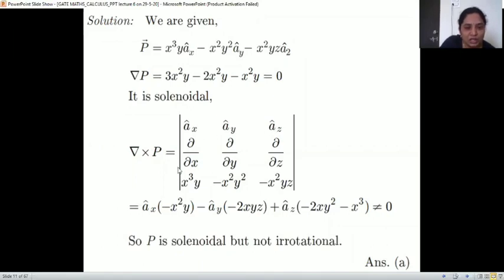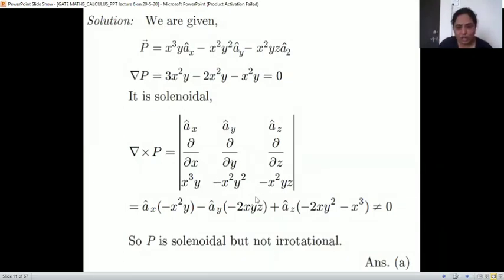So this is ijk, dou by dou x and its terms, and then ax cap, derivative with respect to y partially, minus x square z, sorry, here it is x square z, okay, minus dou by dou z of this, that is 0, so only minus x square z, minus ay cap into derivative with respect to x, that is minus 2xyz, minus with respect to z, this is 0, plus az cap, with respect to x derivative, that is minus 2xy square, and minus with respect to y, that is x cube.